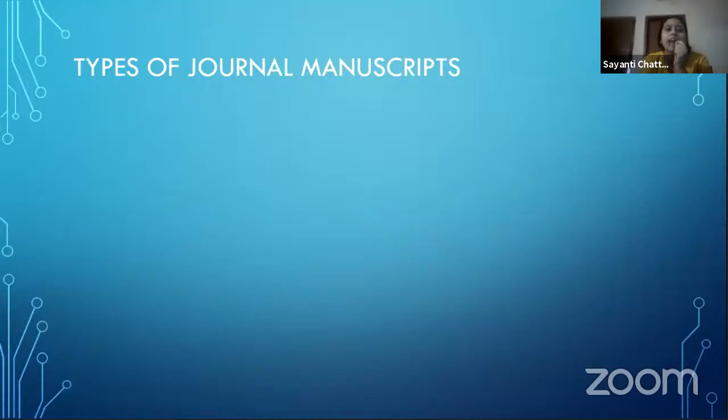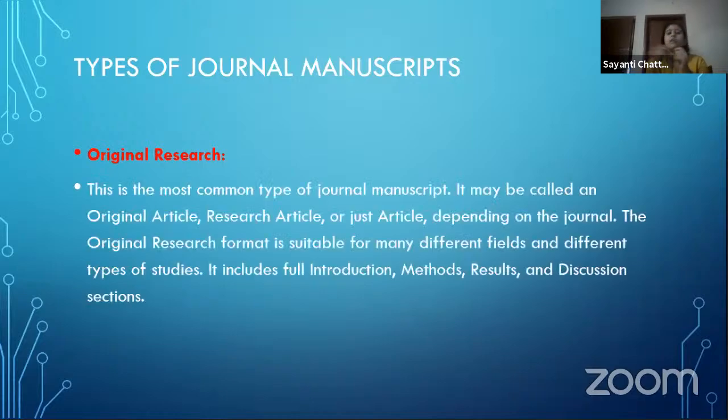So what are the types of journal manuscripts? We can send it as an original research paper. What is the meaning of original research paper? We have done some experiment or some simulation or something. We will write the result in a complete form and send it, and this can be taken as the original research paper.